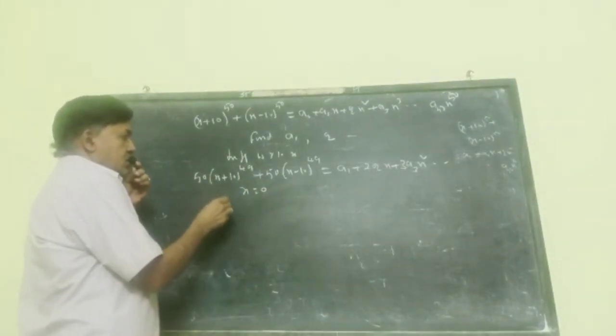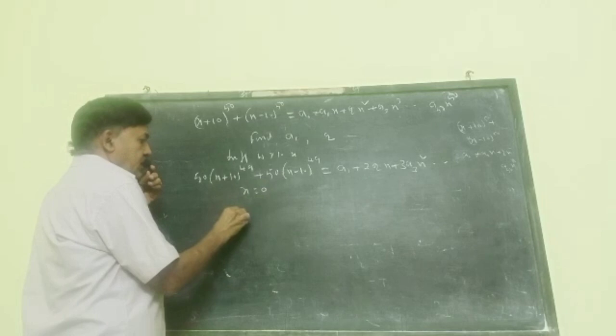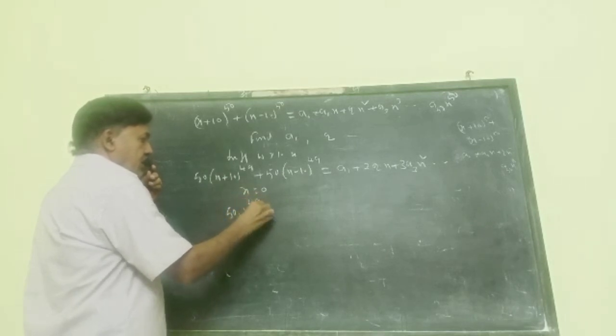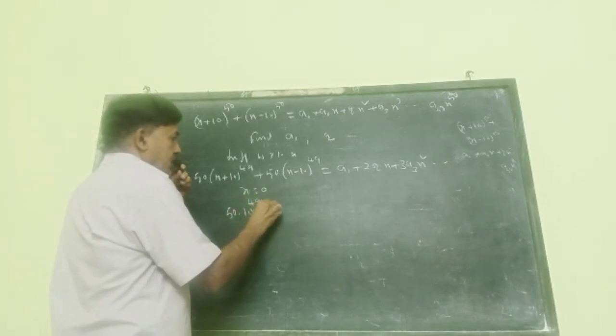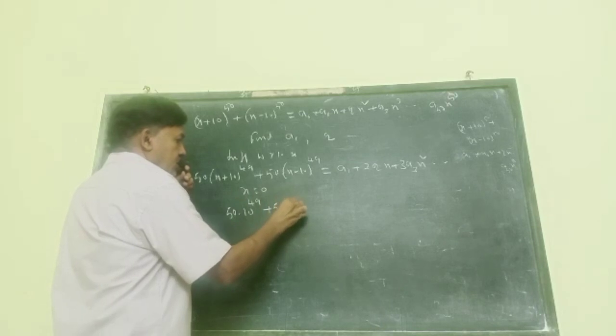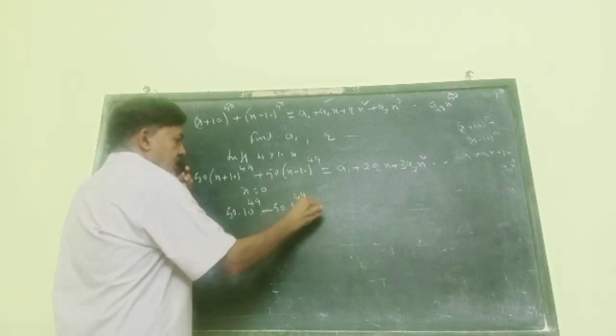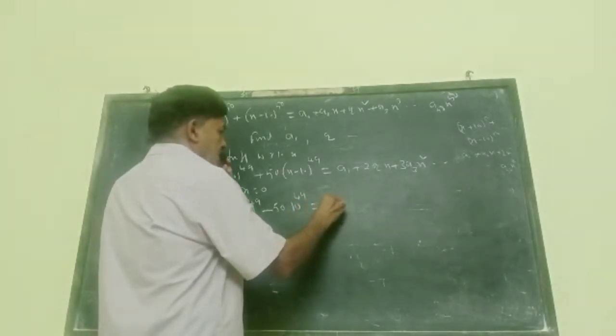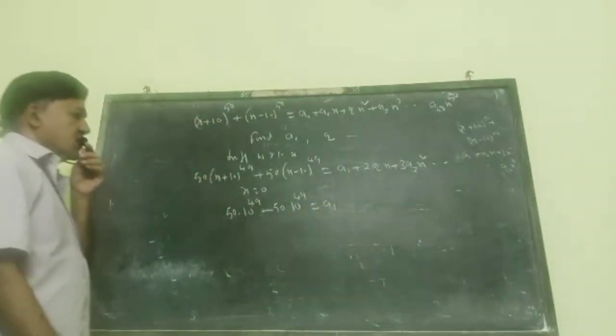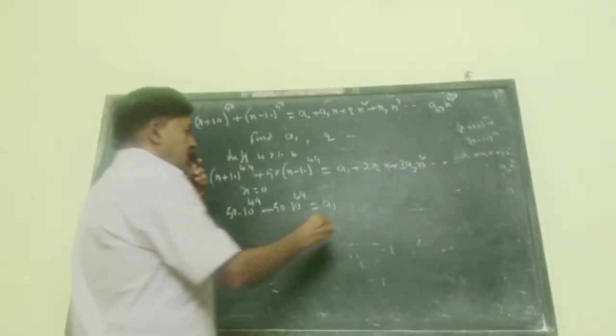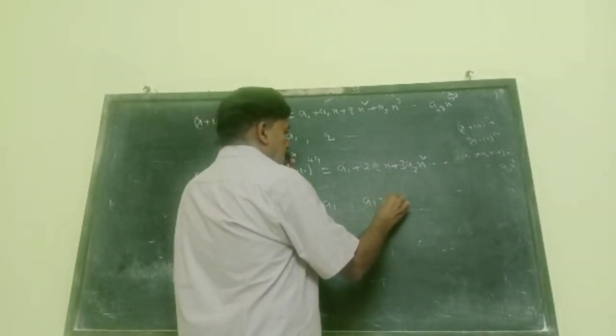If you put x equal to 0, you will get 50 into 10 power 49 plus 50 into minus 10 power 49 is equal to A1. So finally A1 is equal to 0.